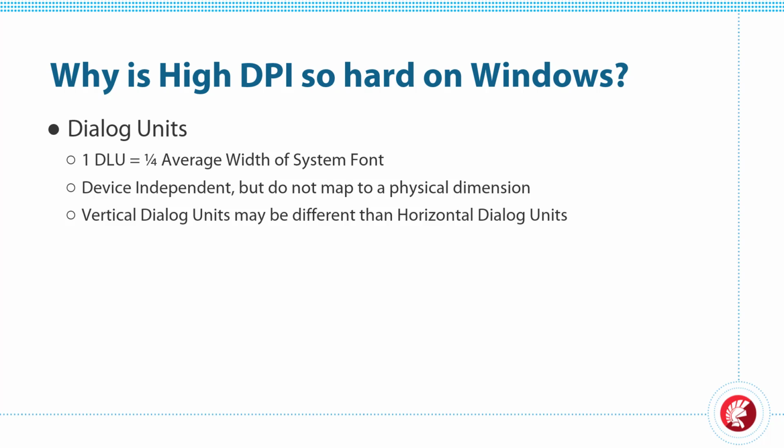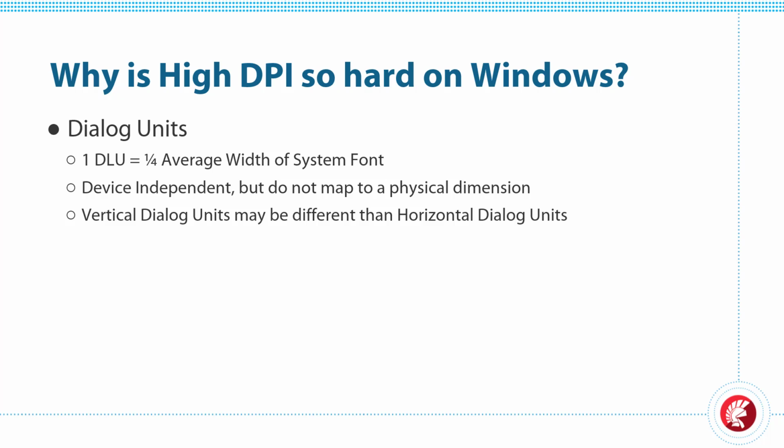But the problem is it doesn't map to a physical dimension. The system font can change. So my dialogue unit has no concept of a real world physical dimension. On top of it, it can vary. The vertical dialogue unit may actually be different than a horizontal dialogue unit.